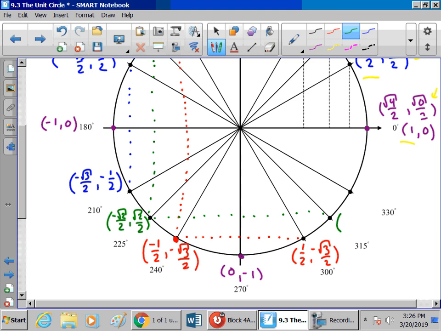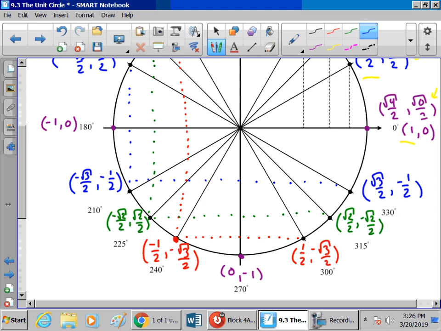Wind up with rad 2 over 2, negative rad 2 over 2. Once we flip the blue, we're going to wind up with, I'm just going to do it across. We wind up with rad 3 over 2, negative 1/2.